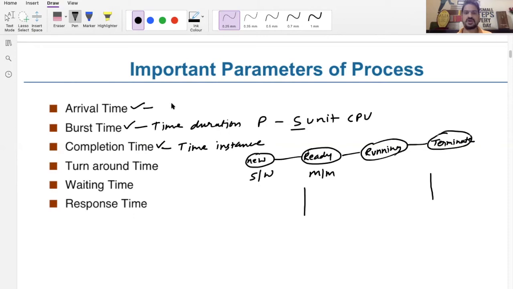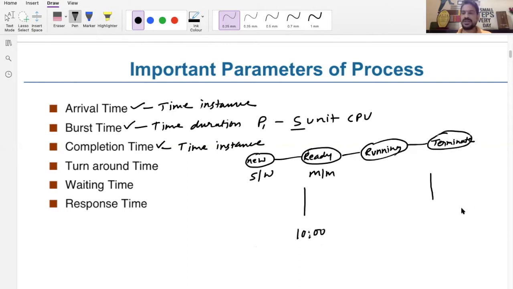Arrival time is also a time instant. I think you understand the meaning of time instant. Let's say the arrival time of process P1 is 10 o'clock.